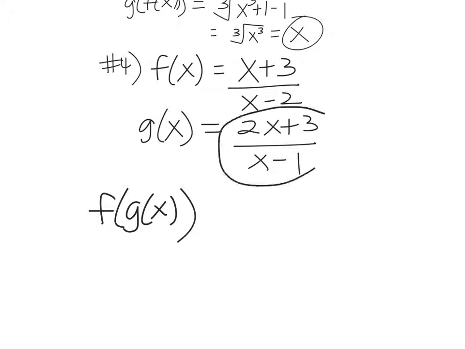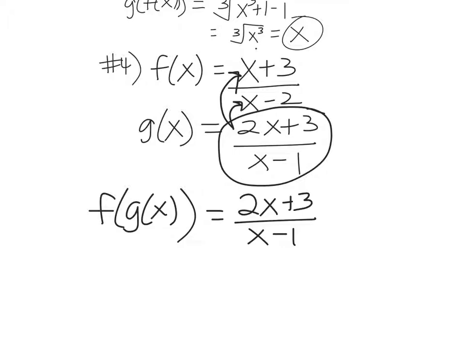We're going to take g of x and we're going to plug it into there and there. Yes, you're going to love it. Here we go. So I get 2x plus 3 over x minus 1. That's going in for this x right here. And then I still have a plus 3. So far, so good? That's the numerator.